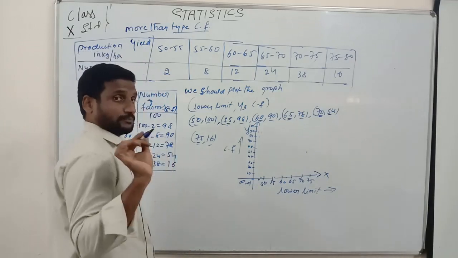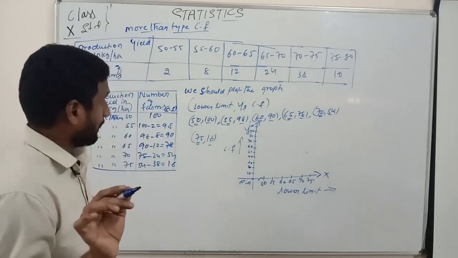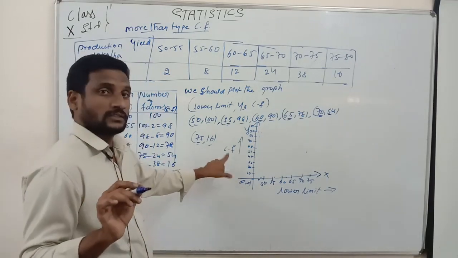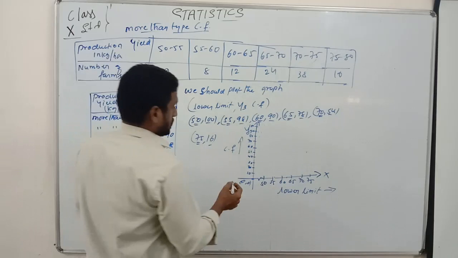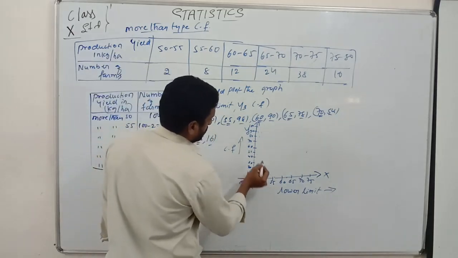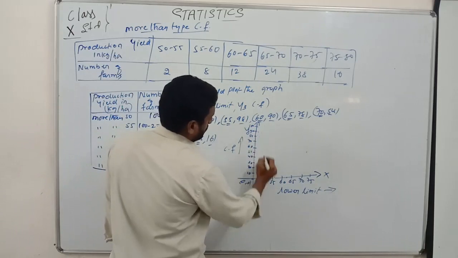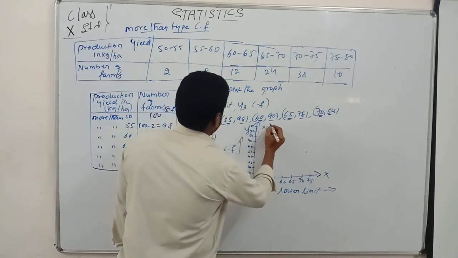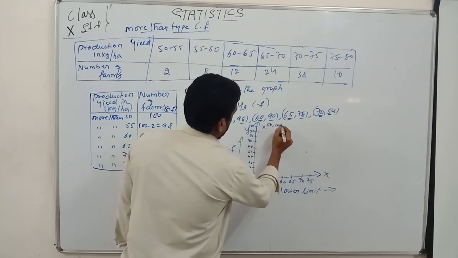Now locate the points: lower limit versus cumulative frequency. What is 50 at 100? Here 100, here 50, so we can locate it here. This is 50 at 100.